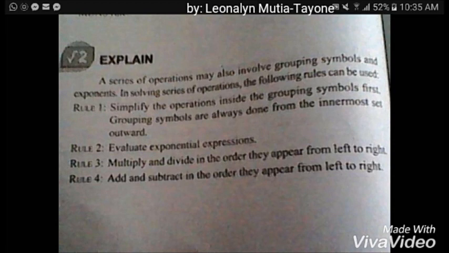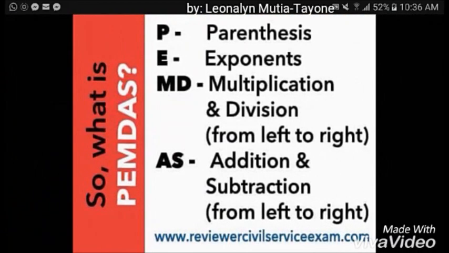Simplify the operations, including the grouping symbols first. Grouping symbols are always done from the innermost set outward. Rule 2. Evaluate exponential expressions. And Rule 3. Multiply and divide in the order they appear from left to right. Rule 4. Add and subtract in the order they appear from left to right.